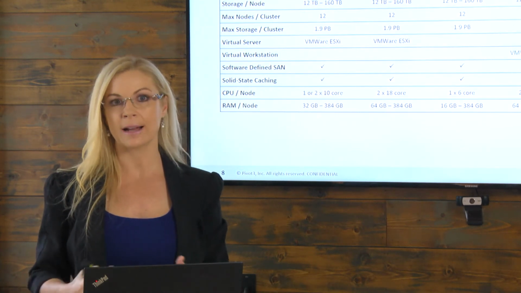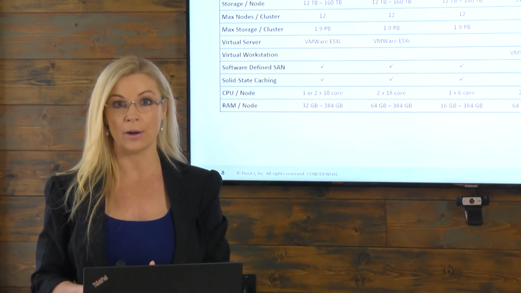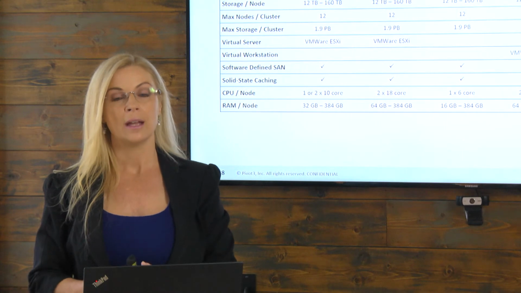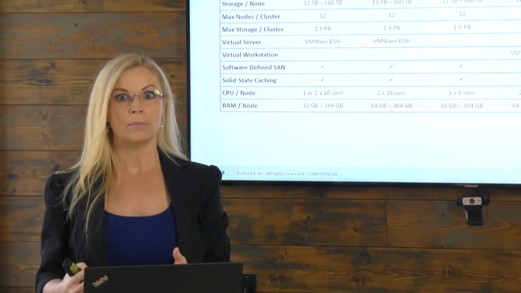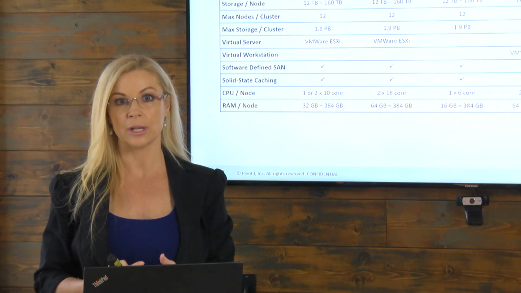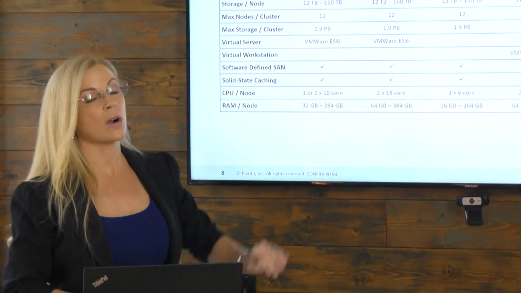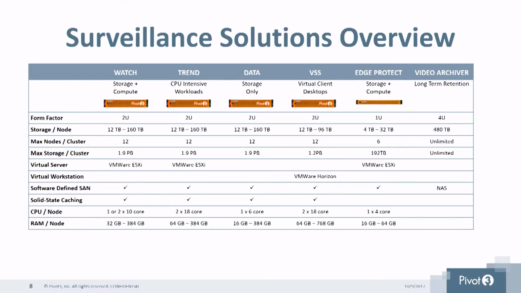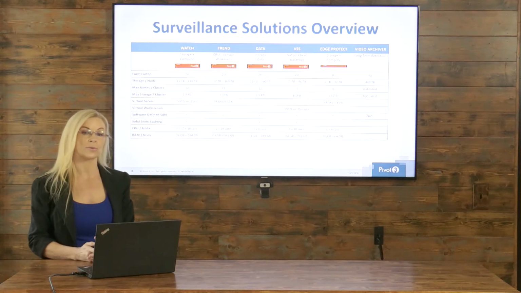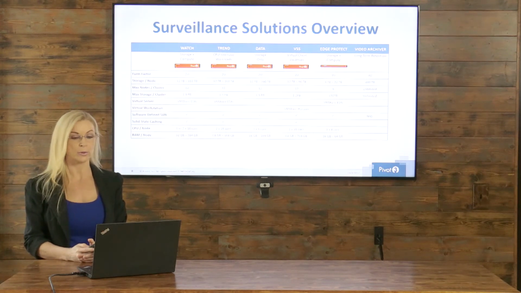The likelihood of them ever accessing it again is probably very low, but some law or regulation mandates that they keep it. And video can grow to multiple petabytes of capacity when you have very long retention times. So our video archiver is designed to fit in those environments where you would ingest your cameras onto something like a watch, and then we would archive it off to our video archivers. Very dense, cheap, and deep storage for long-term retrieval.